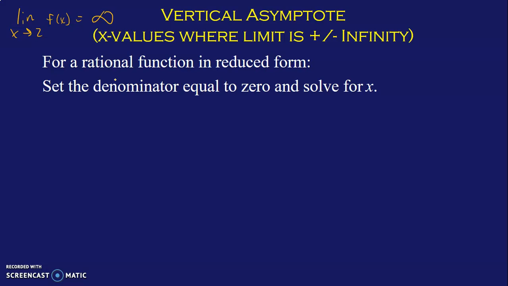And the way you're going to find that is have the reduced form of the rational function. Basically, that just means simplified form. So you're going to factor it first and then cancel out any factors. And then whatever's left, set the denominator equal to 0 and solve for x. And that'll tell you where your vertical asymptotes are.